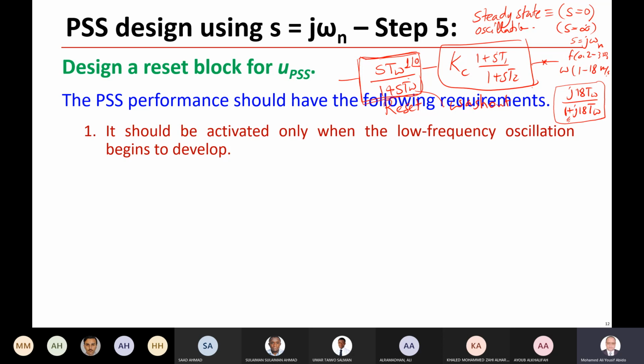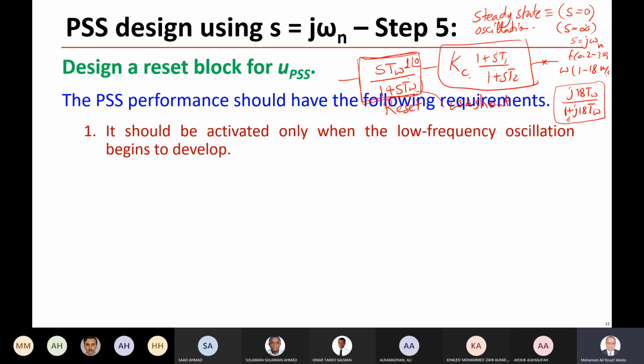We need this block to deactivate the power system stabilizer at steady state. If we have any oscillation, the gain of this block becomes 1, and it doesn't interfere with the operation of the power system stabilizer in terms of the gain and the time constants. So this is the idea.